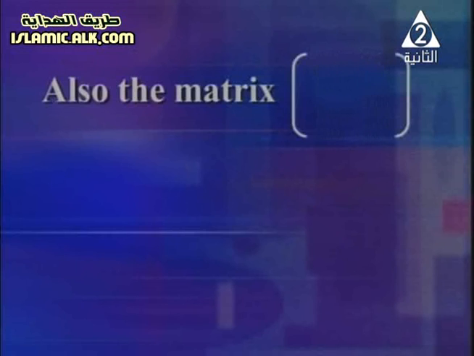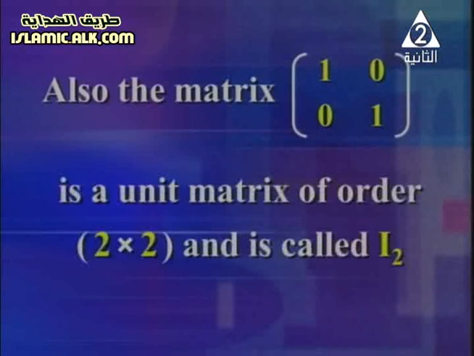Also the matrix 1 0 0 1 is called the unit matrix of order 2 times 2. It's called I2. Why? Because all elements of the principal diagonal must equal 1, and all elements except the principal diagonal equal 0.